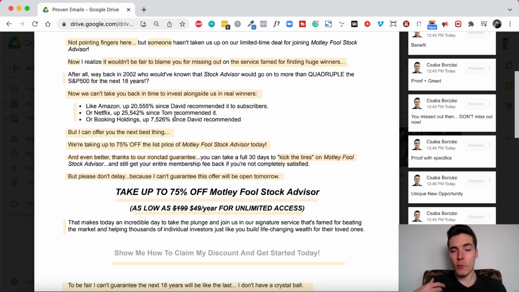And then when people who have this greed mentality are reading this, or I'm not saying they're greedy, it's the motivation behind it. One of the core emotions is greed, or they just want to get rich quick. When they see these sweet returns, they're like, oh shit, I knew it. I should have invested in Amazon when the time came. I should have invested in Netflix or Booking.com or something like that.